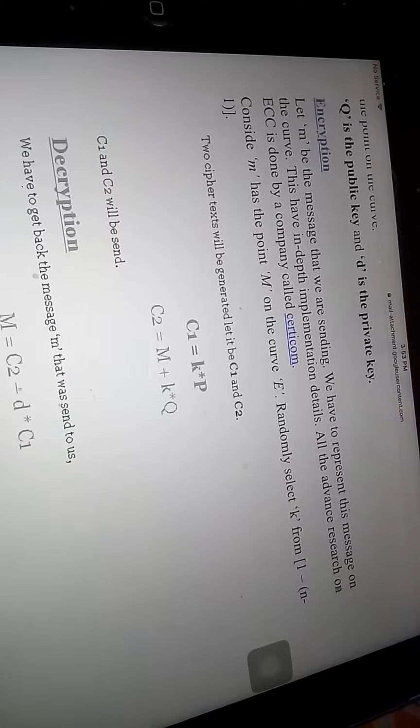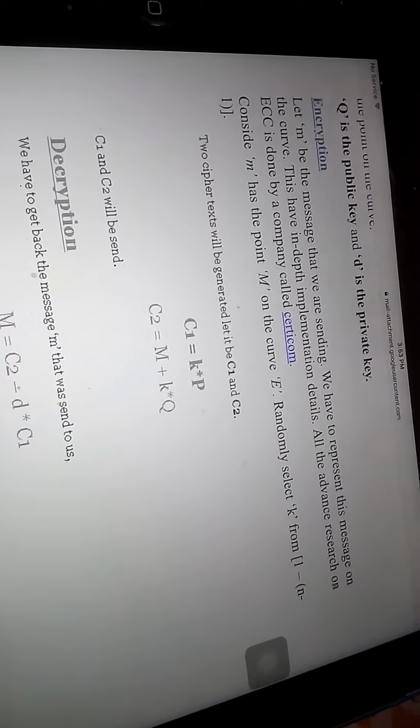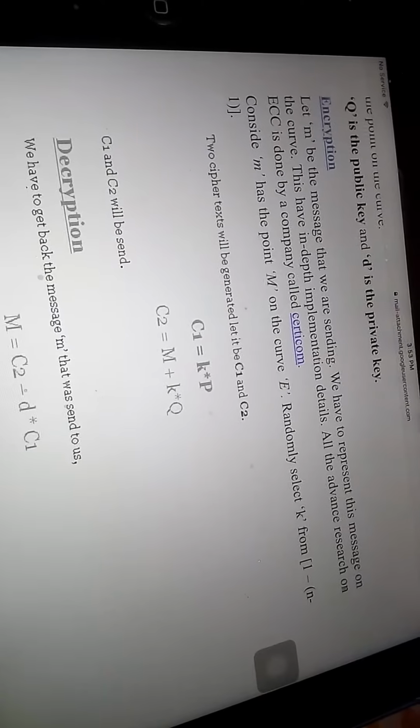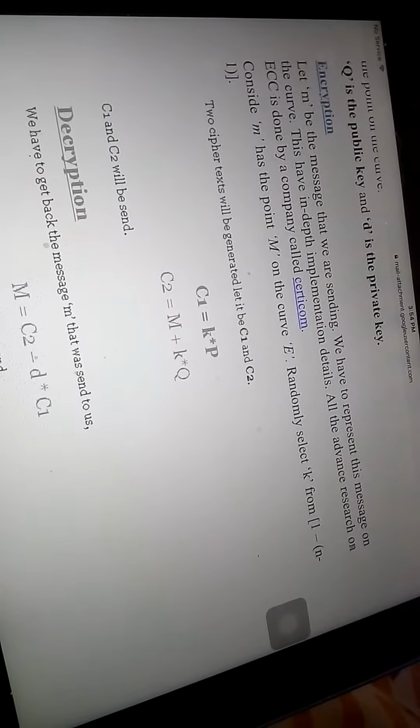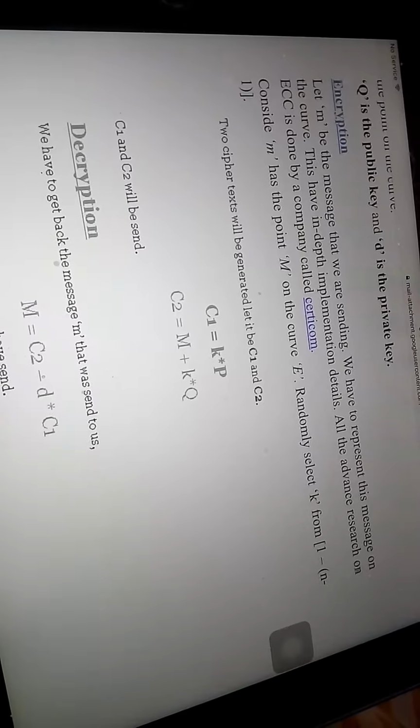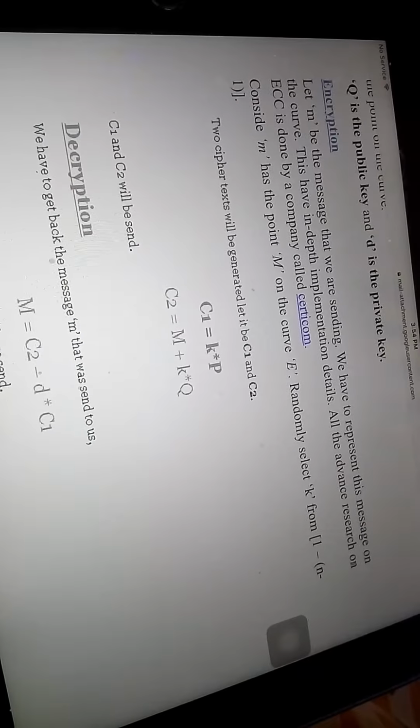Using the selected value K and the point M, we are going to create the ciphertext. Usually we create one ciphertext, but here two ciphertexts are generated, C1 and C2. C1 is calculated using the formula K into P, where K is the randomly selected value and P is your point on the curve.